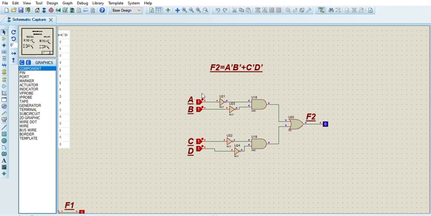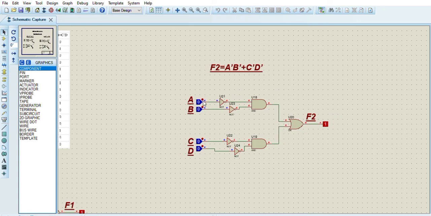So here you can see that it is working like this, and this is the function that I have implemented because you can see that all are in complement form. So if I apply 0 0 0 0, then it will be 1 1 1 and 1. So you can see that 1 into 1 is equal to 1, 1 into 1 is equal to 1. So after the addition, 1 plus 1 is equal to 1, so 1 is appearing here.